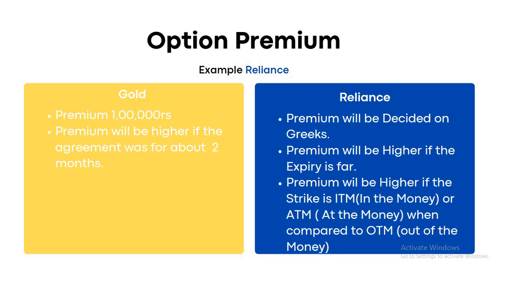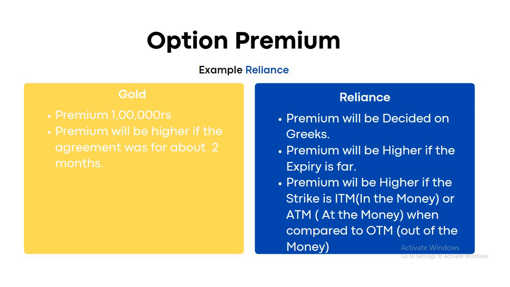In the example of Reliance, even the premium of stocks will be decided by different factors. Some of the factors are time and volatility, and these factors are considered as Greeks. And don't worry guys, I will make an in-depth video on Greeks too.